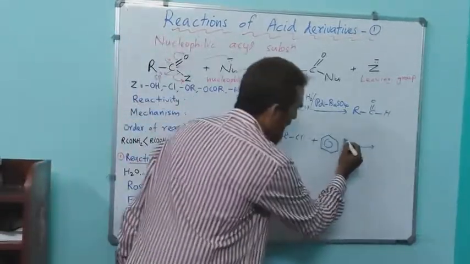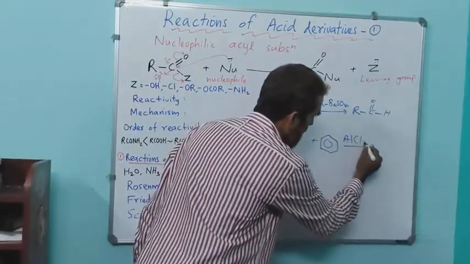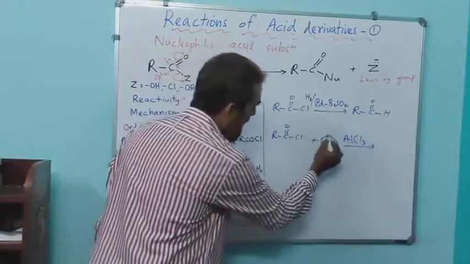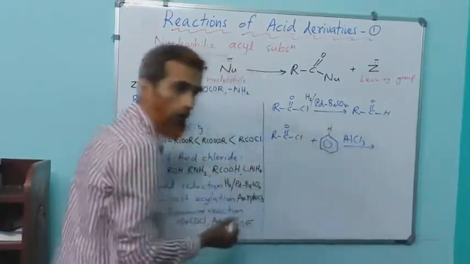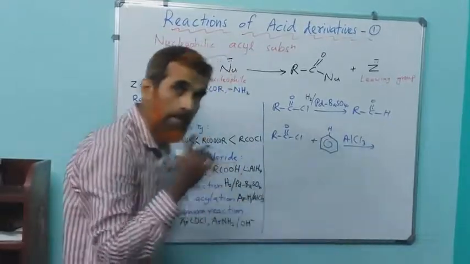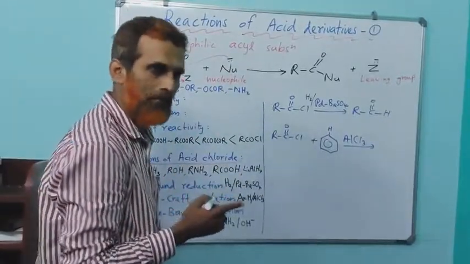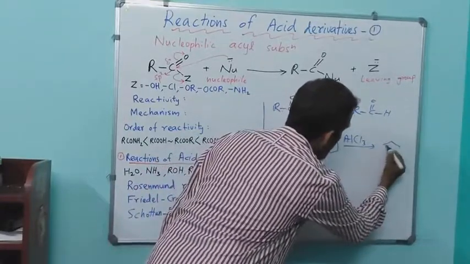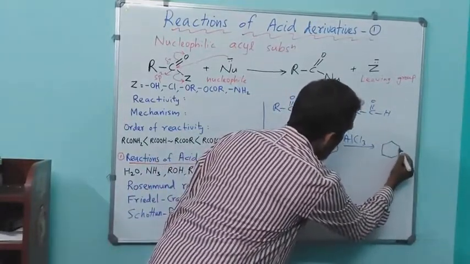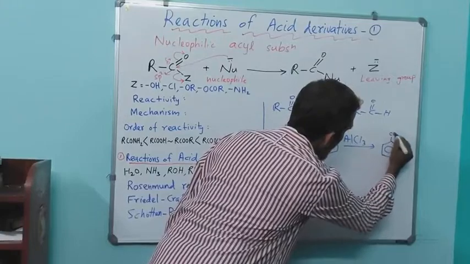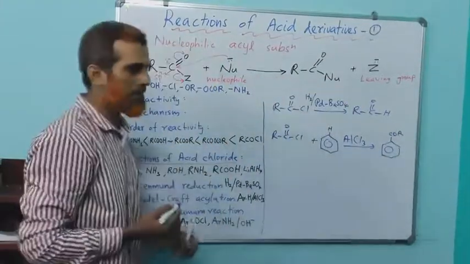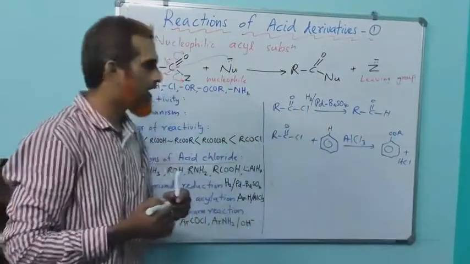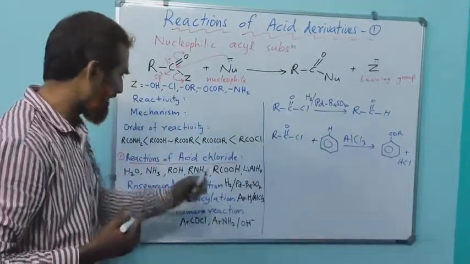Friedel-Crafts catalyst, anhydrous aluminum chloride. That is the most popular Friedel-Crafts catalyst. What happens? This acyl group gets substituted on the benzene ring. It is an electrophilic aromatic substitution. So you get the product, that is, acyl substituted benzene, COR, plus HCl. So this is what is called Friedel-Crafts acylation.